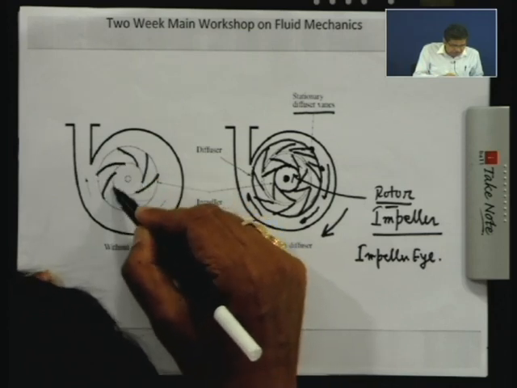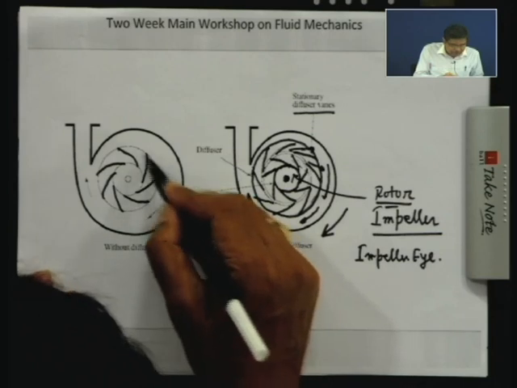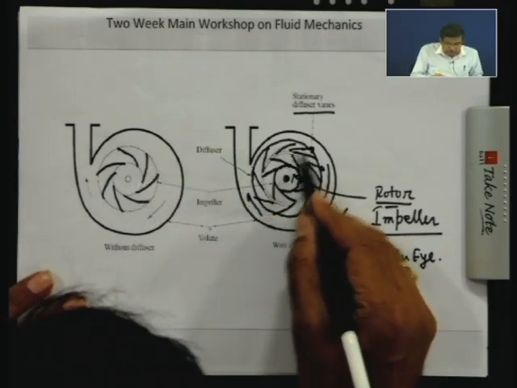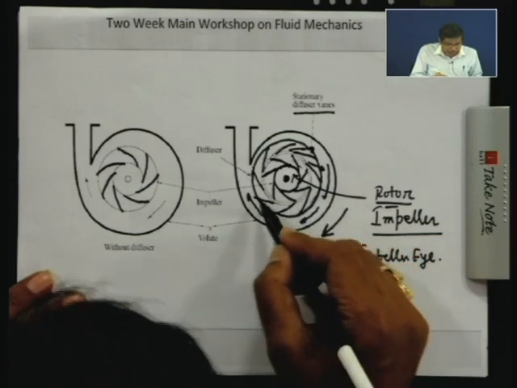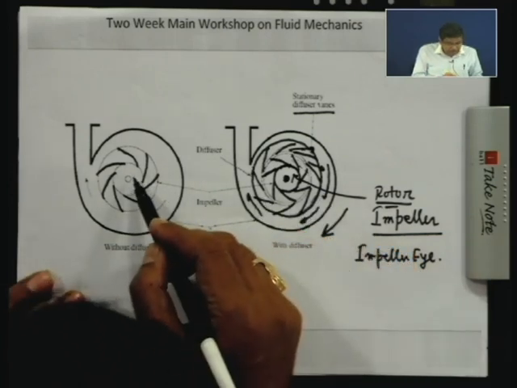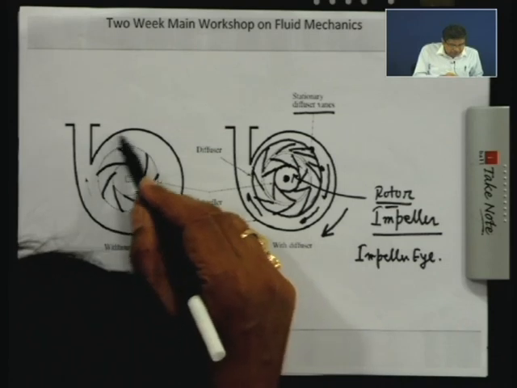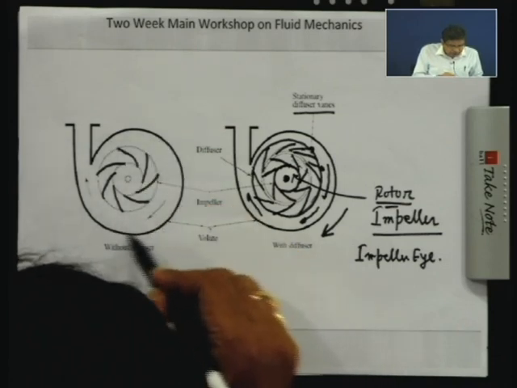There are no stationary diffuser vanes. After this impeller there is only a volute casing.